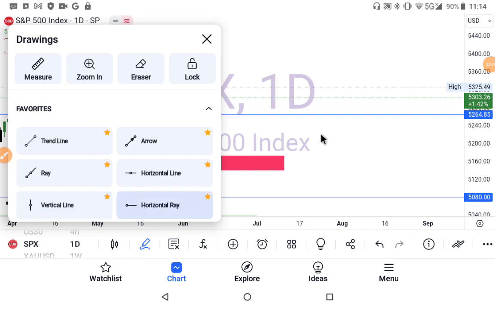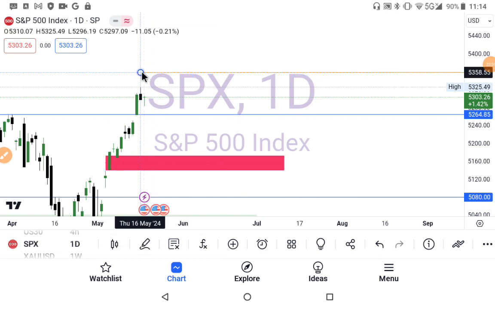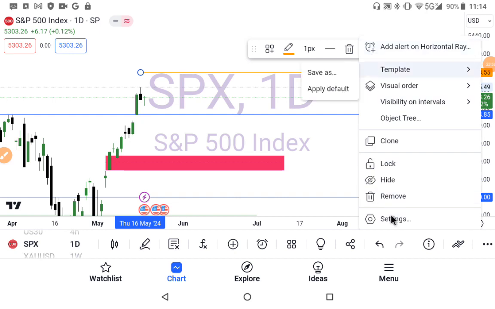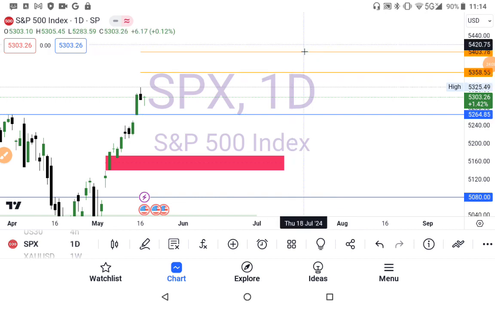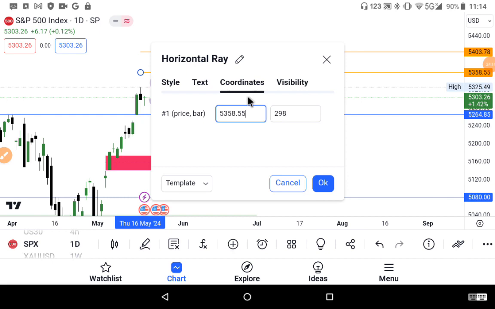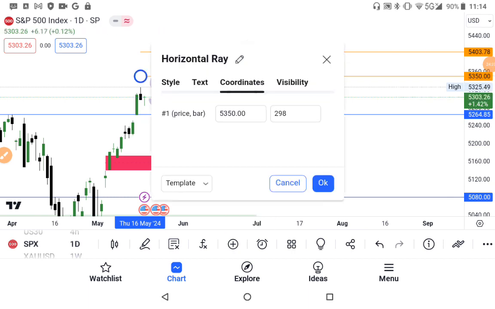let's do this. 5,350. Why is my network so slow? 5,350, we'll be watching 5,350, then 5,400.